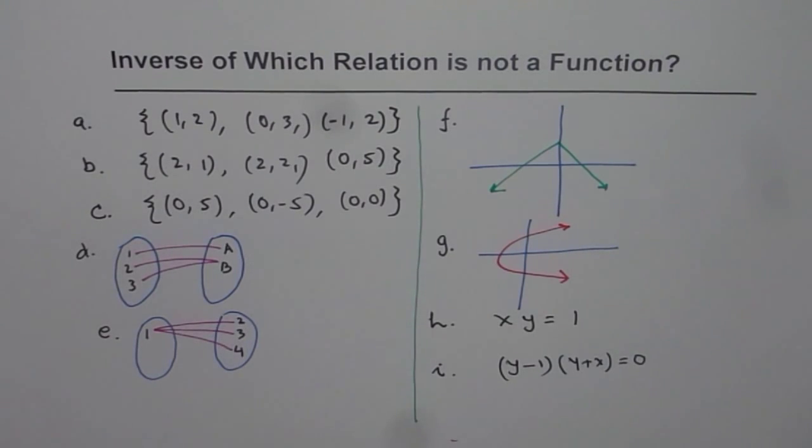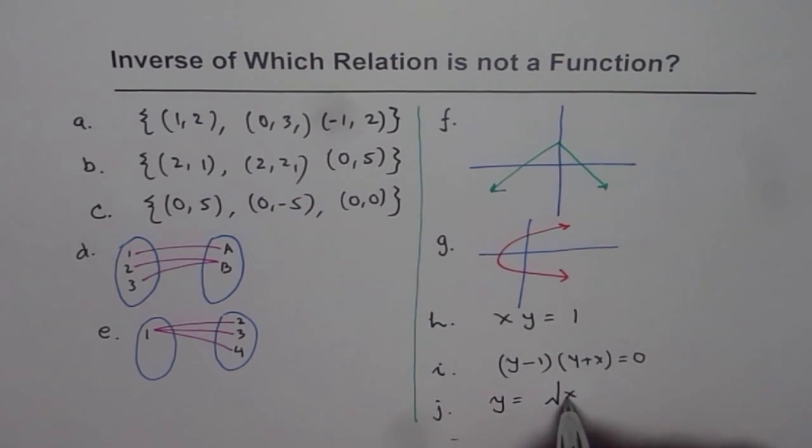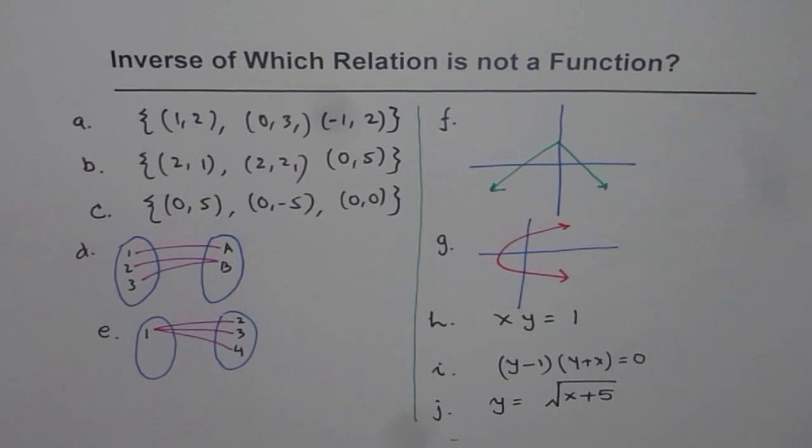Whether this is a function or not. One more I can add here is y = square root of (x + 5). Now your job is to find the inverse of which relation is not a function.